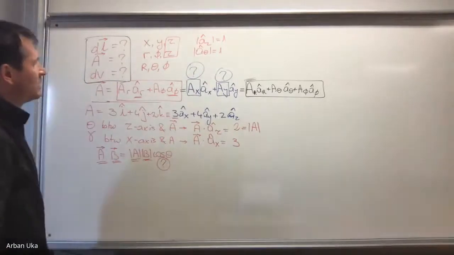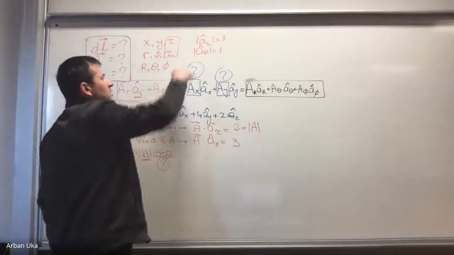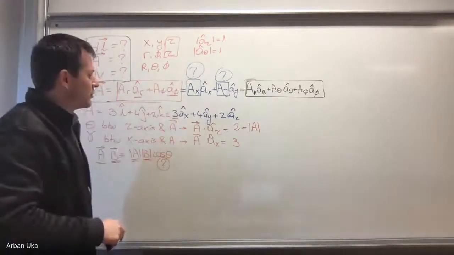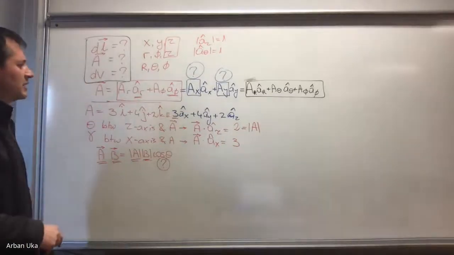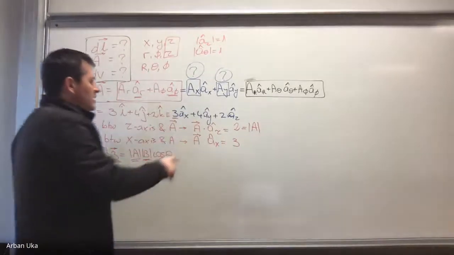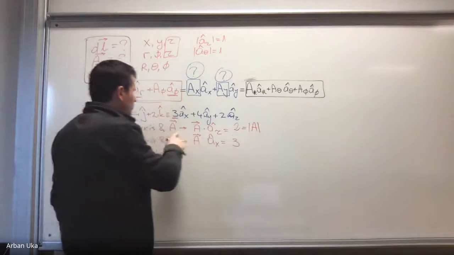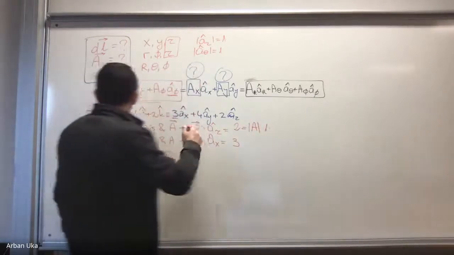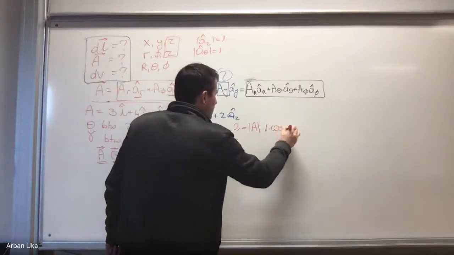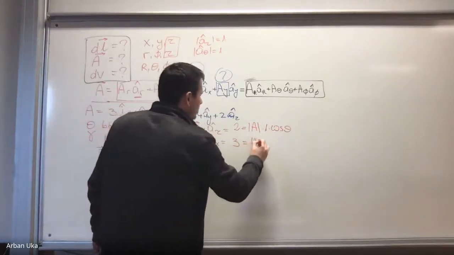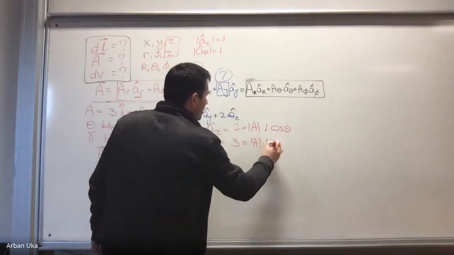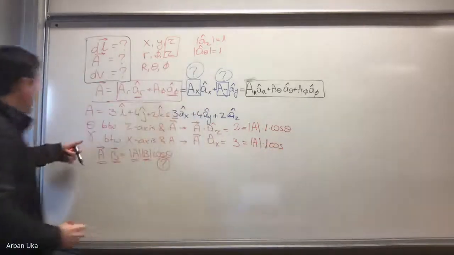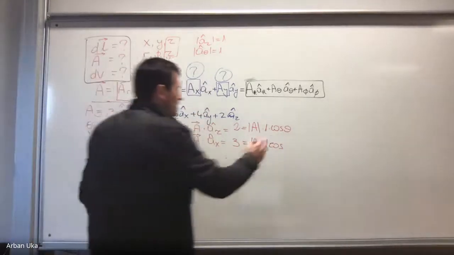That's why we denote it with this hat that we put on it. So this is equal to 2 times the magnitude of Az. So let's write this one times 1 times cosine theta. That's what we denoted here. And this would be equal to the magnitude of A times 1 times cosine. We denoted this one as gamma.